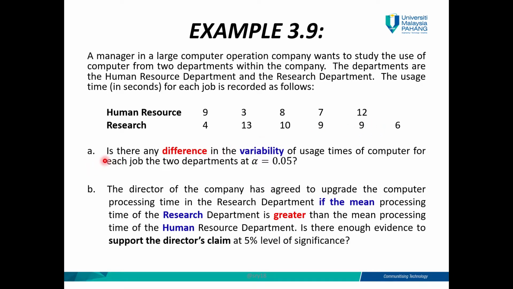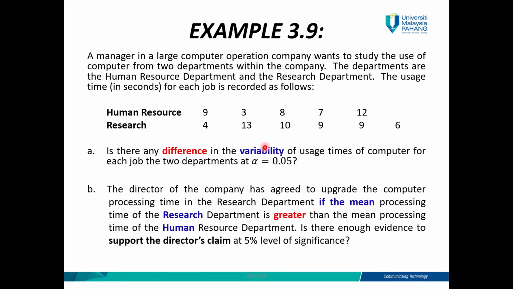Now, question A: is there any difference in the variability of usage times of computers for each job from the two departments at alpha 0.05? So this is the claim, this is what you need to test. You need to see whether there is any difference in the variability. You see here, there is no population mean mentioned, there is no standard deviation.